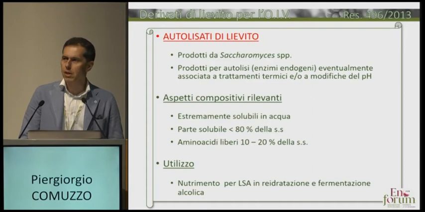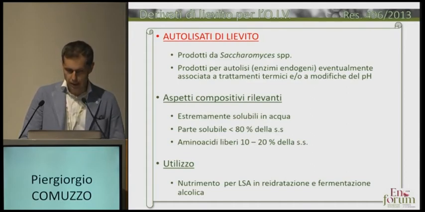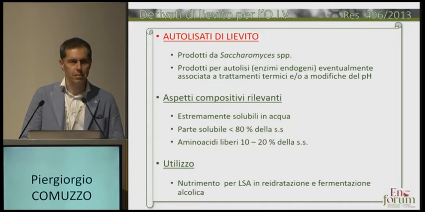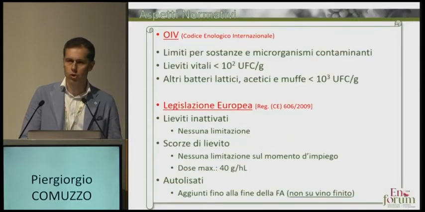OIV for each of them sets forth some criteria and recommendation with regard to the limit of potentially contaminants such as heavy metals, and there is a maximum amount of vital yeast and contaminants. The European legislation also sets forth different characteristics and applications.